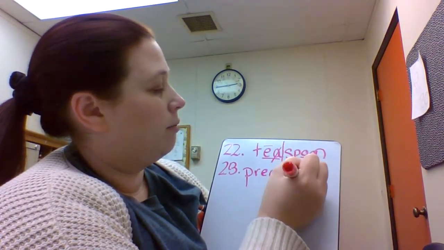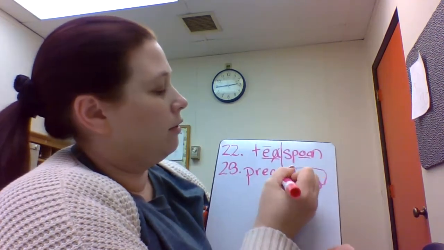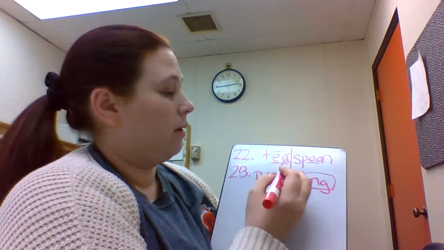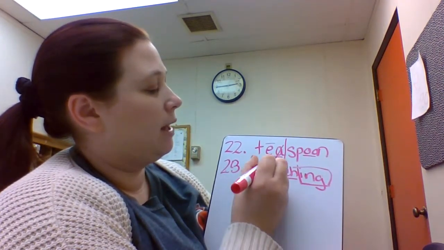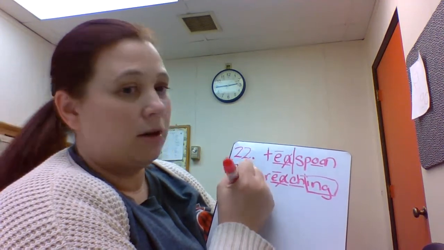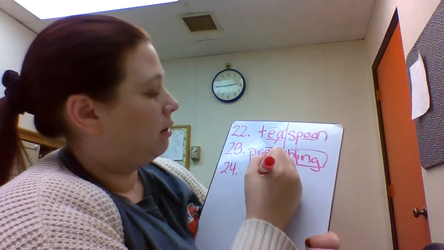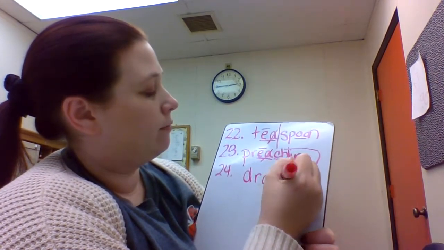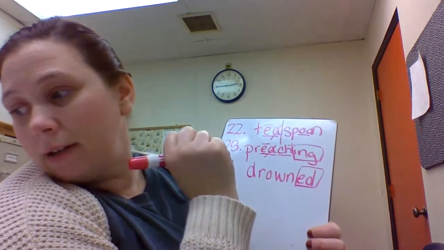We are going to box off our ing suffix. We're going to underline our CH digraph in our EA one, and it's preaching, so we're going to cross off the A, and the E gets a macron. 24 is drowned. I'm going to box off our ED suffix.